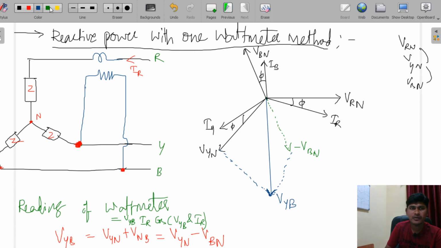The angle between these two will be 90 degrees.